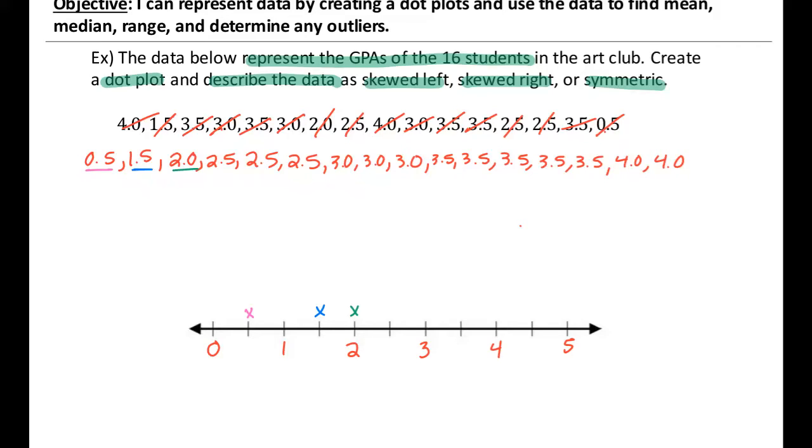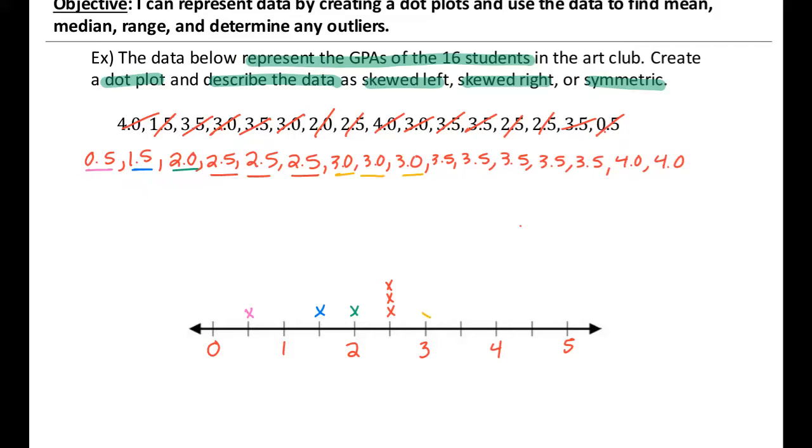Then the 2.5, I have 1, 2, 3 2.5s, so put 3 x's above 2.5. And then 3.0s, I have 1, 2, 3.